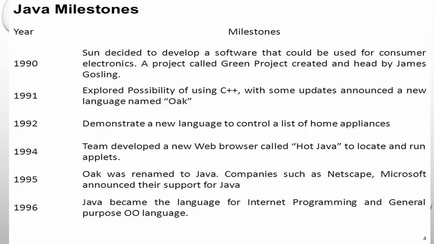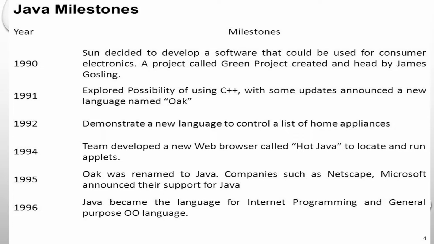The years range from 1990 to 2004. In 1990, Sun Microsystems decided to develop software that could be used for consumer electronic devices. It was a project named the Green Project, headed by the scientist James Gosling.